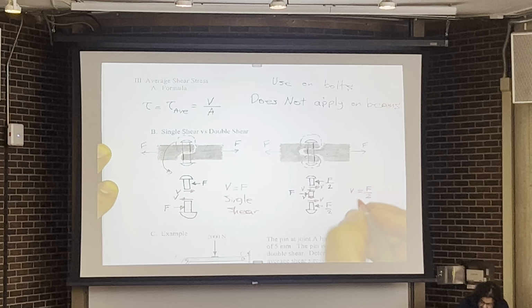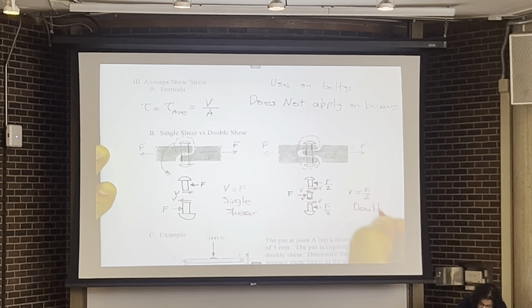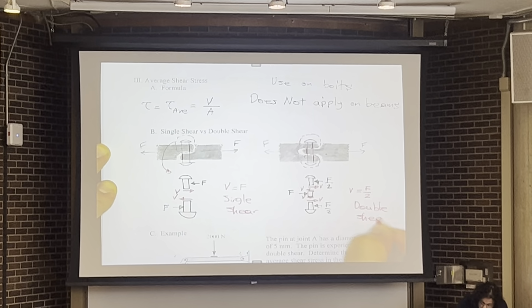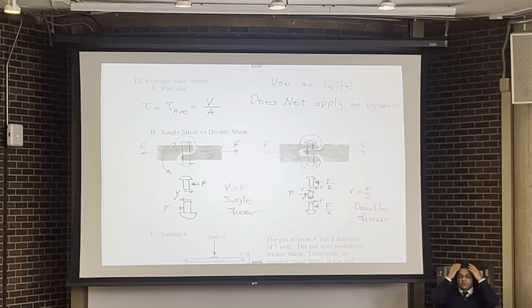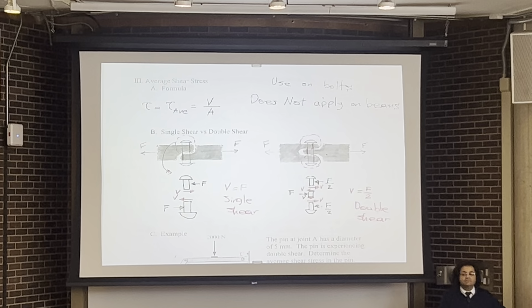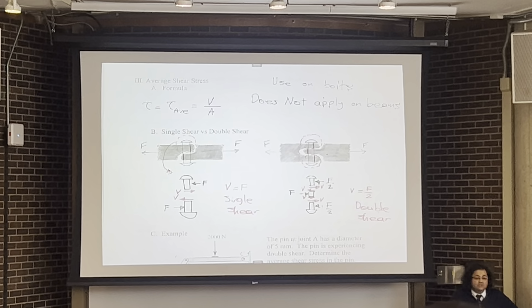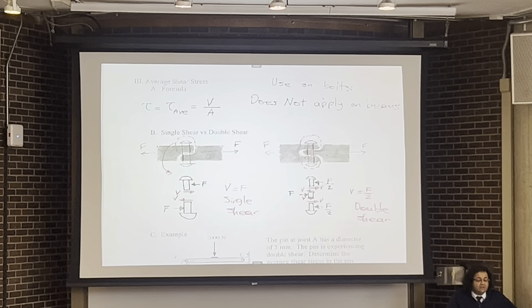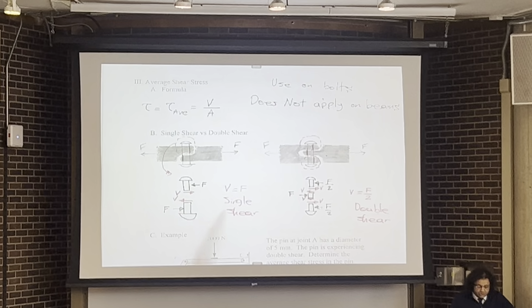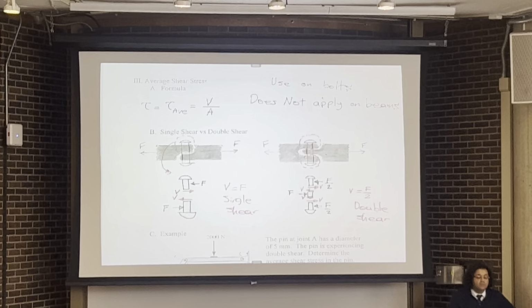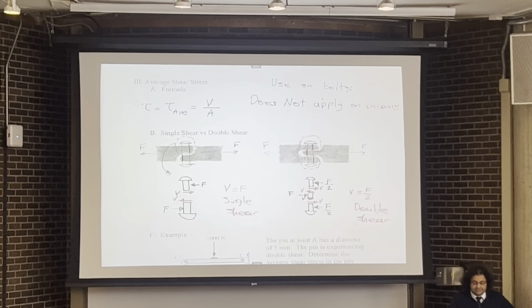We call this case a case of double shear, or a bolt under double shear. A bolt under double shear is connecting two shear surfaces. A bolt under single shear is connecting one shear surface.